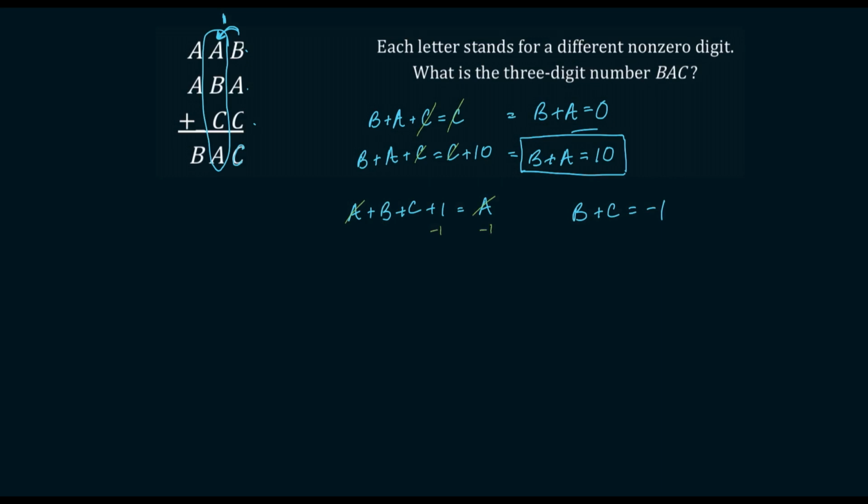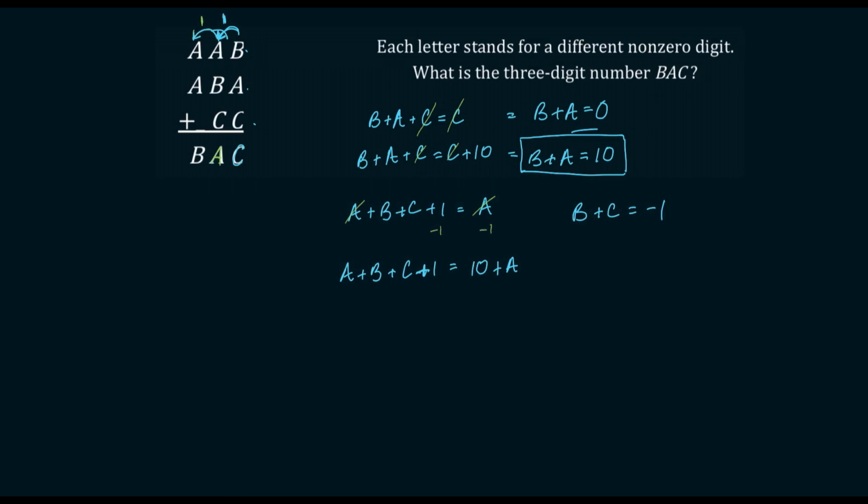And once again, our only explanation is if in this column we put down the A and carried a 1 over from the tens column to the hundreds column. So let's rewrite this as an equation, and we get A plus B plus C, and don't forget the 1, is equal to 10 plus A. Since this 1 that was carried over symbolizes an extra 10.